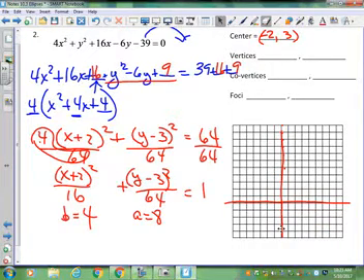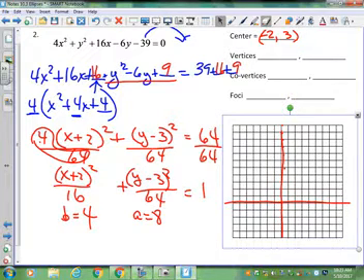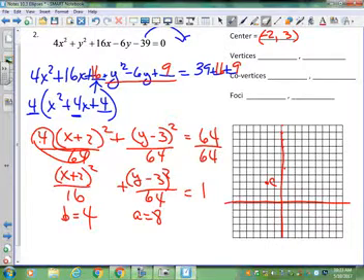So if I go over -2 and up 3 and put my center, I've got to count 8 up and 8 down to get my graph to have the vertical. 1, 2, 3, 4, 5, 6, 7, 8. 1, 2, 3, 4, 5, 6, 7, 8. So this one barely fits.